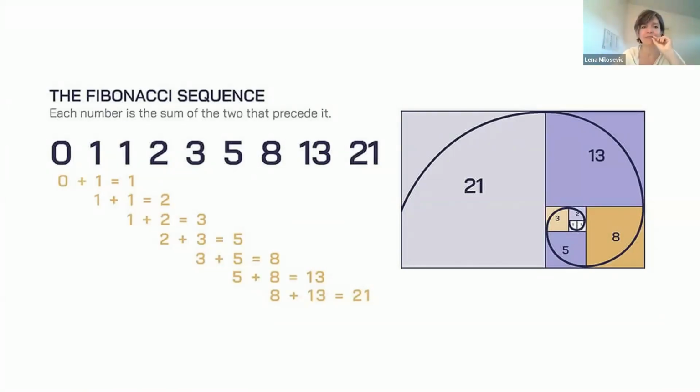And if you look at it, each number is the sum of the two that precede it. When you look at it here in the imagery, see how the 1 and the 1 together form the 2. They form a basis to then build the 2. When the 2 is created, all of this is the basis of the 3, and so on.